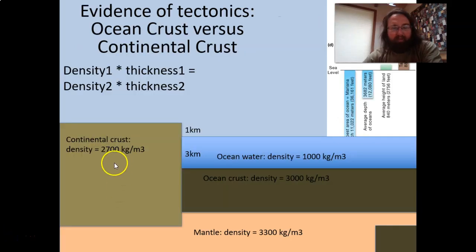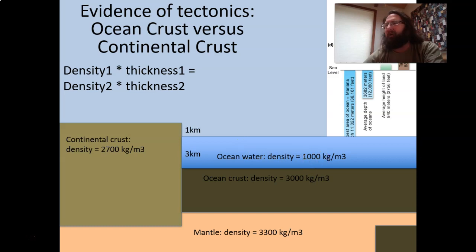So mathematically, the continental crust has a density of about 2,700 kilograms per cubic meter, or 2.7 grams per cubic centimeter. The ocean crust has a density of about 3,000 kilograms per cubic meter, or 3 grams per cubic centimeter. And then, of course, ocean water has a density of about, I'll give it 1,000 kilograms per cubic meter.